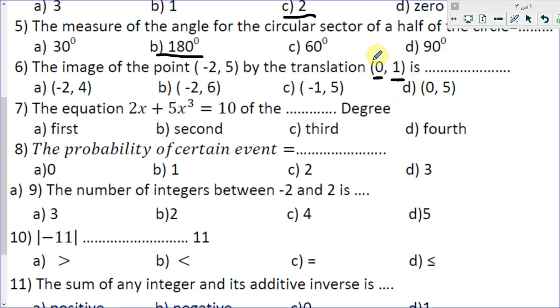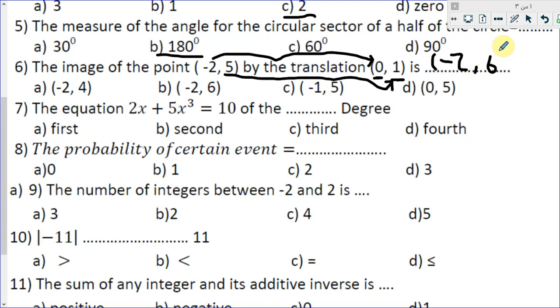So we will add 0 to -2, and 1 to 5, and find our image. Okay. -2 plus 0 will be -2, and 5 plus 1 will be 6, so our image will be (-2, 6).